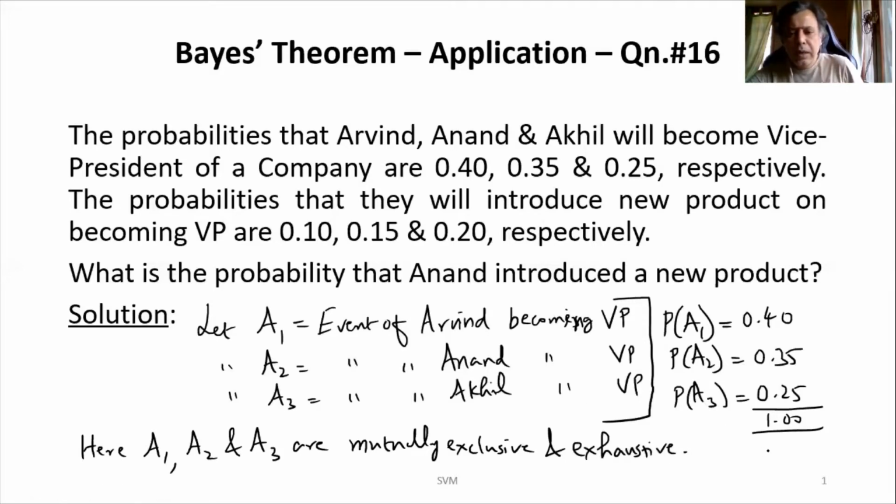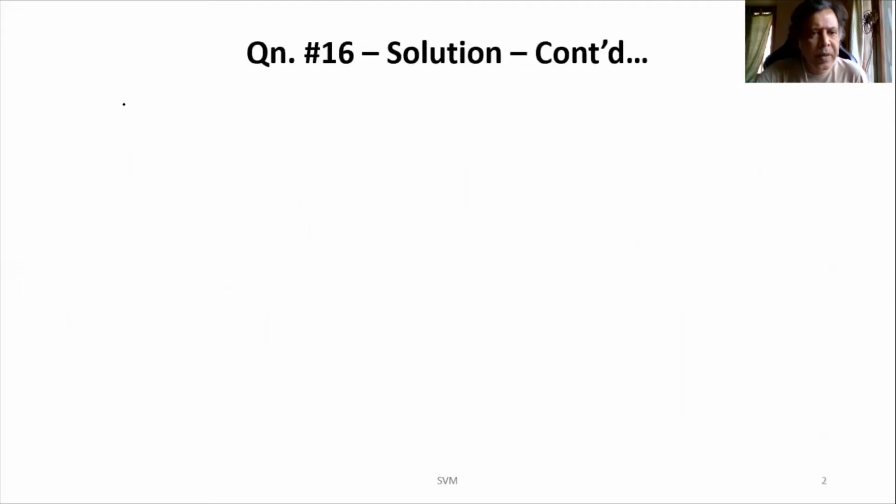Now, let's continue in the next page. So we have this information with us. Then further it says the probability that they will introduce a new product. That means I have to define one more event, a common event.